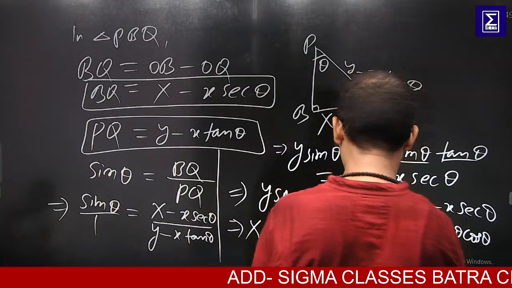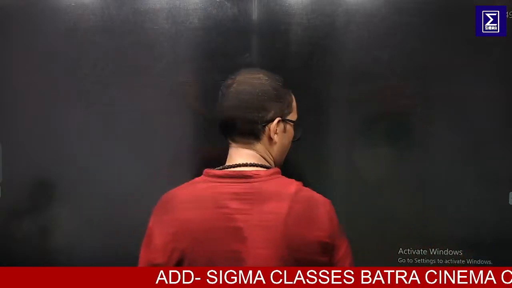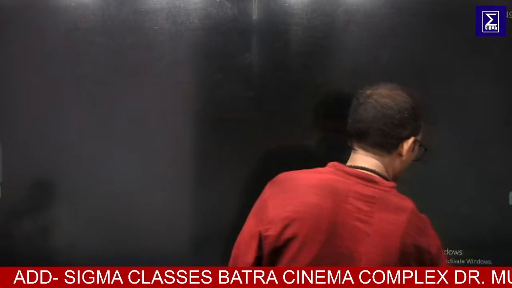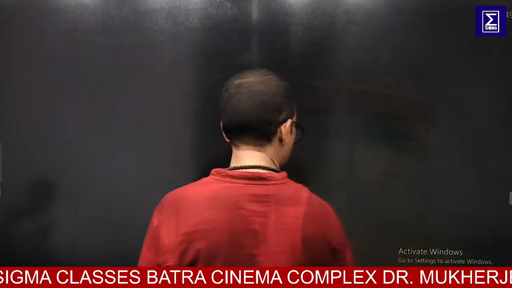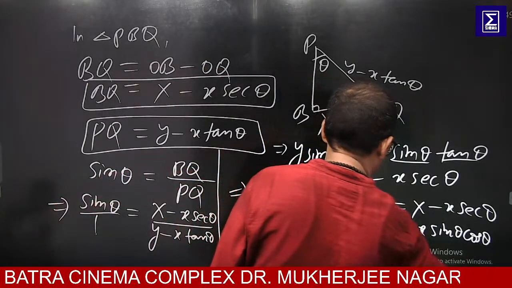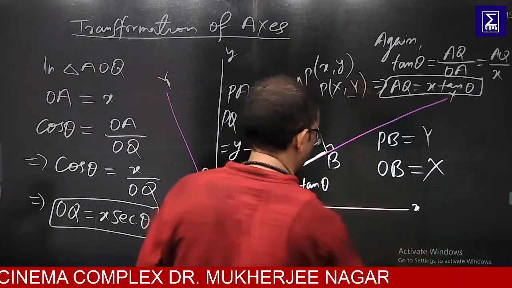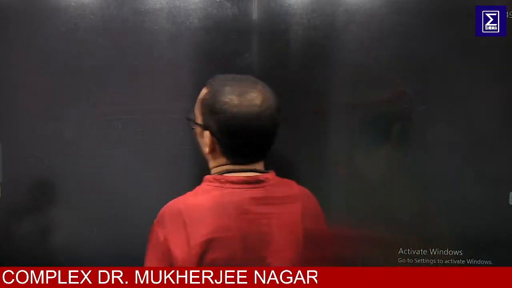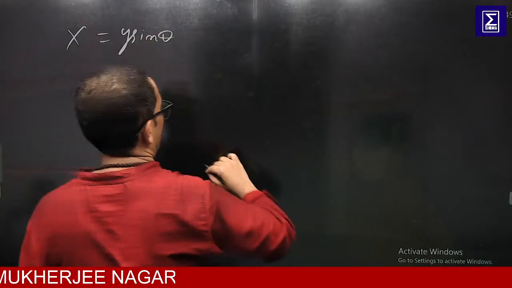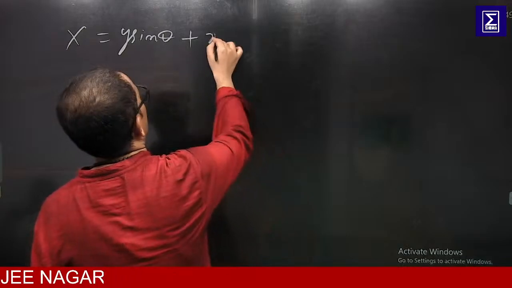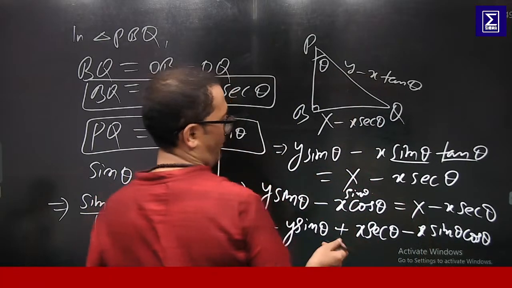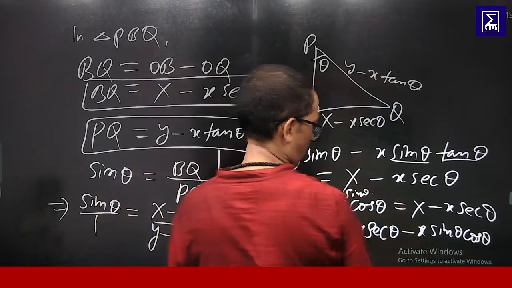Moving to the next slide, here X is equal to y sin theta and then plus x times 1 over cos theta minus sin theta cos theta.